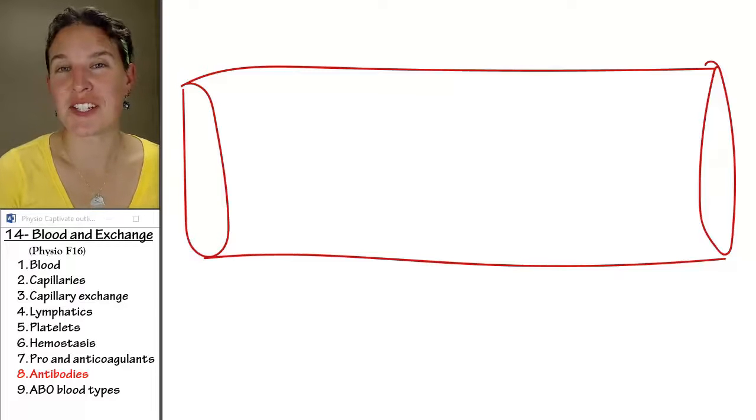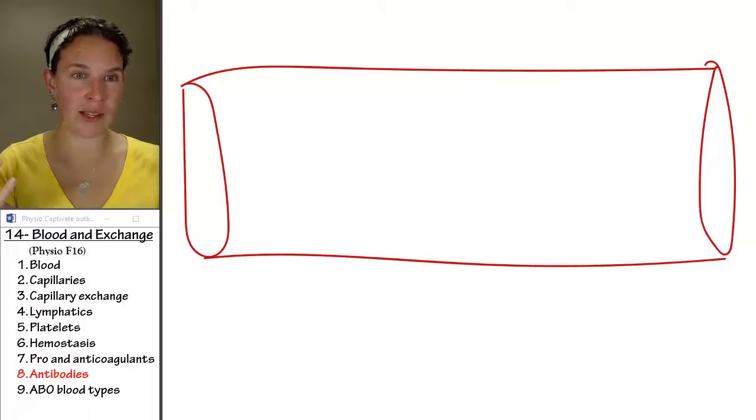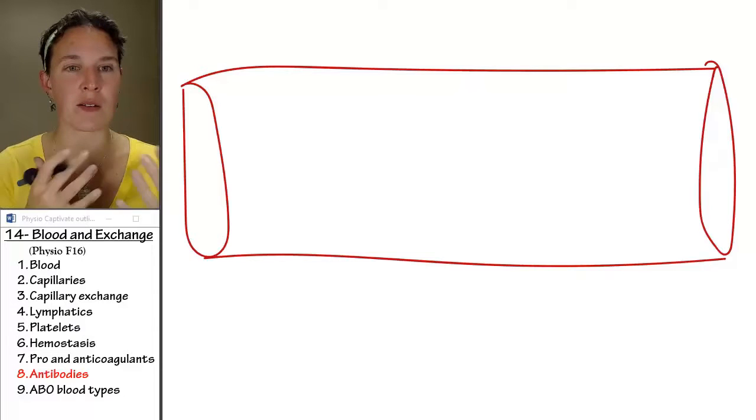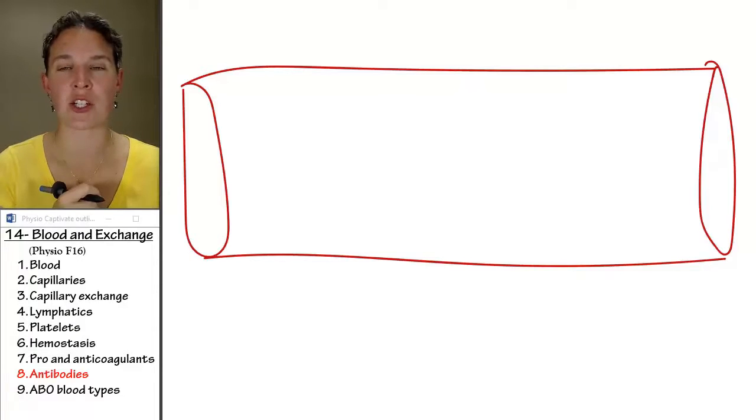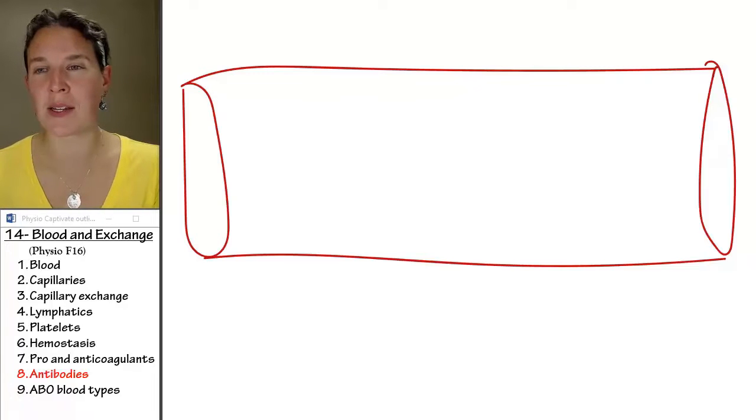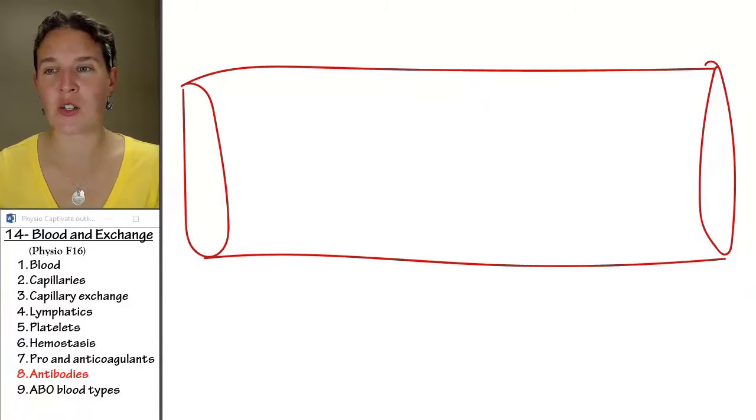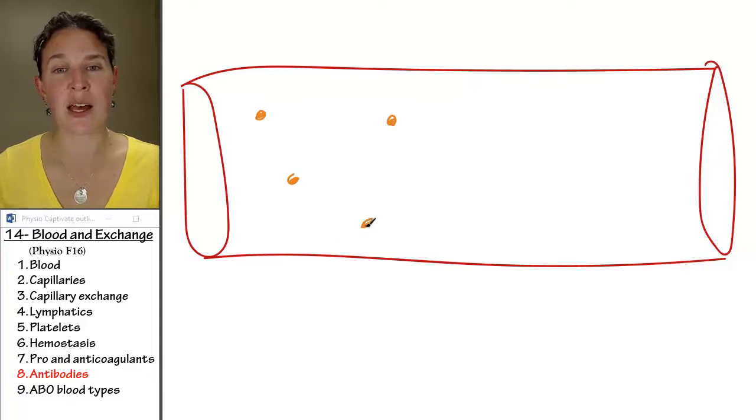All right, we're bringing this lecture around full circle. We started out with this whole, the whole point of this was talking about exchange and capillary exchange. And one of the things that we talked about in capillary exchange was the presence of these plasma proteins in the blood. Yes? And tell me, what did the plasma proteins have to do with?